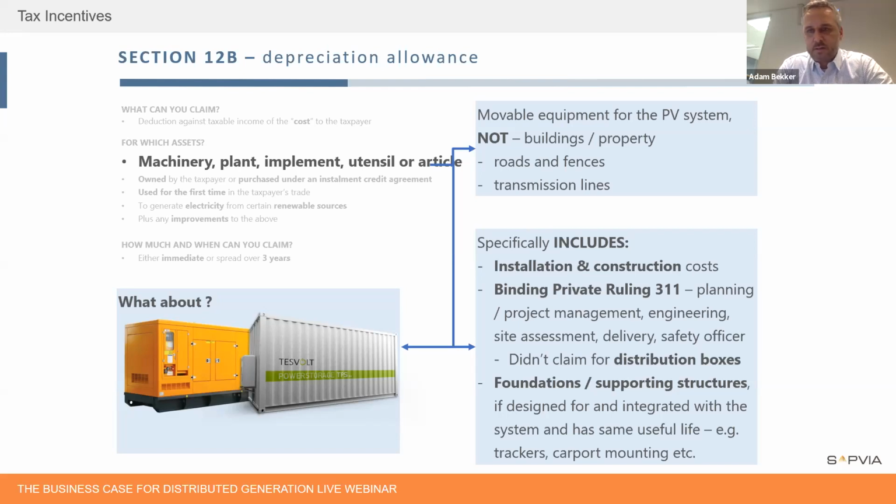The interesting piece, and something that we've encountered in practice, is: what about the cost of a diesel generator or batteries? Now, at first glance, you'd say that definitely doesn't form part of a solar PV generation system.